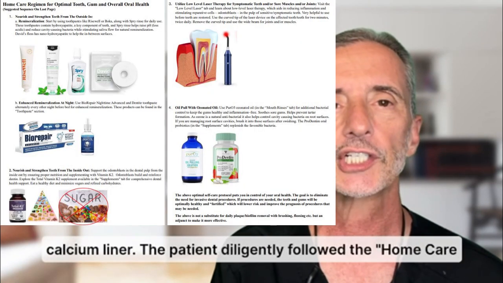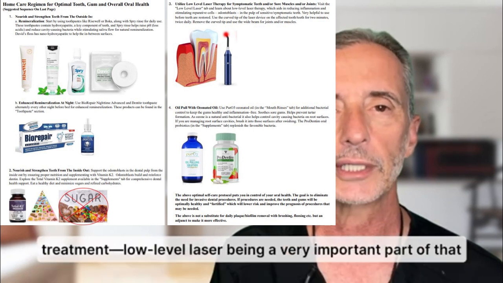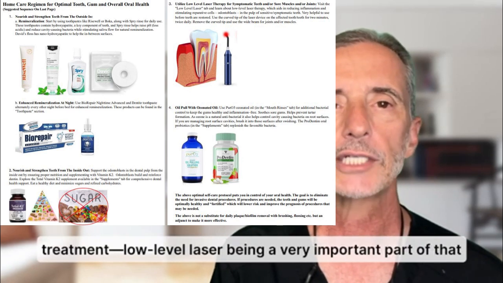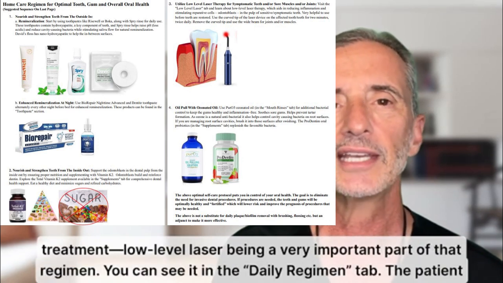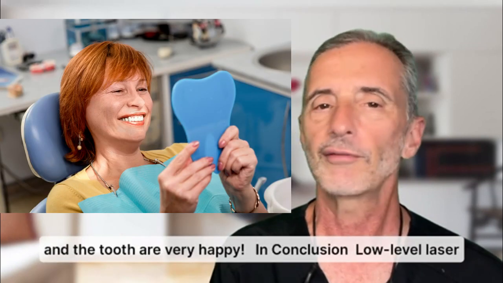The patient diligently followed the home care regimen for optimal tooth and gum health before and after the treatment, low-level laser being a very important part of that regimen. You can see it in the Daily Regimen tab on the website. The patient and the tooth are very happy.